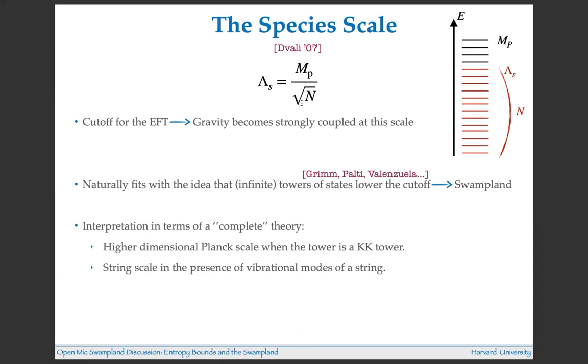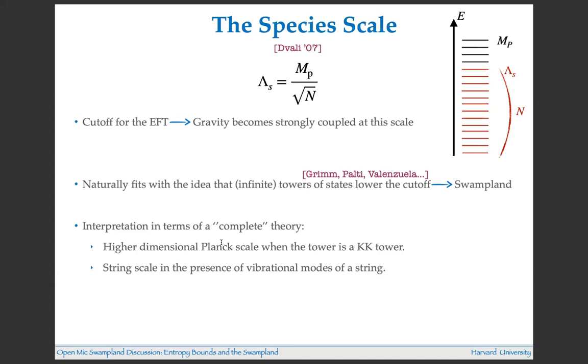It's also useful to think about its interpretation in terms of the fundamental scale behind it, because it's a bit confusing. From the effective field theory point of view, there are some arguments you can use to justify this scale, in terms of the renormalization of Newton's constant, black hole arguments, and thermodynamic arguments. But it's very illustrative to consider a lower dimensional effective field theory with some Planck scale.